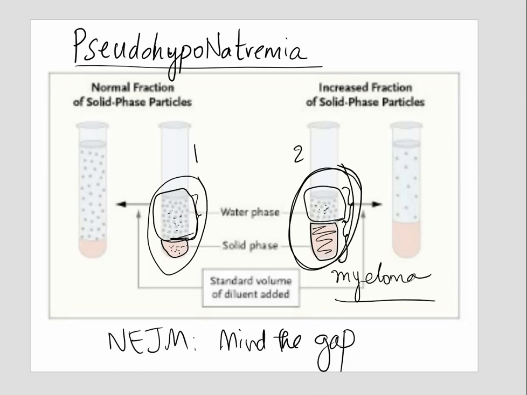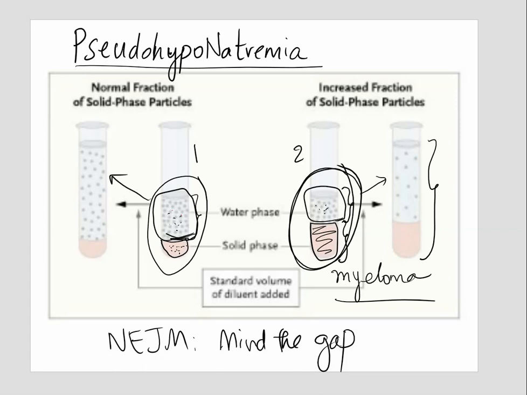What they do in the lab is they dilute this down with a diluent like water, for example, which will give them a bigger volume to do their tests on. So let's assume both these patients now have this plasma volume diluted down.